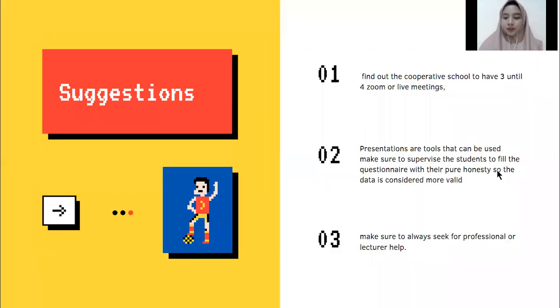Here I also put my suggestions for other future researchers about this. First one, find a cooperative school that allows 3 to 4 Zoom or live meetings. Because in my previous school, they didn't allow me to do Zoom or live meetings in a row.